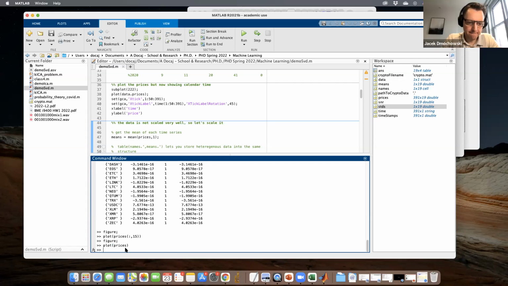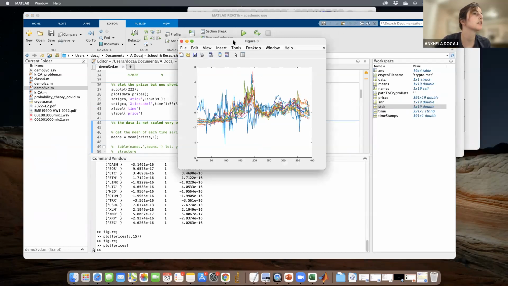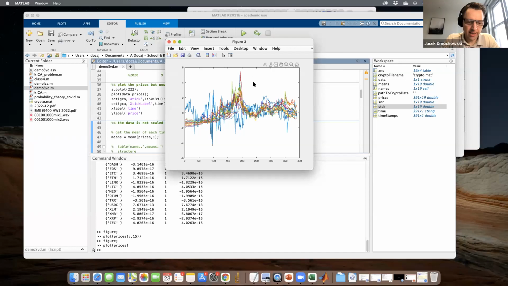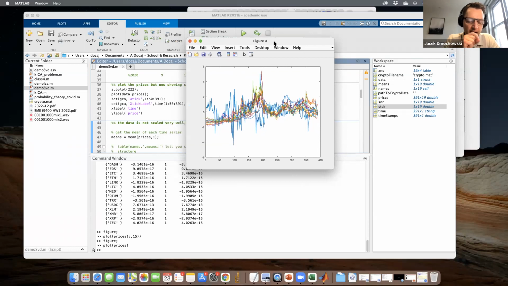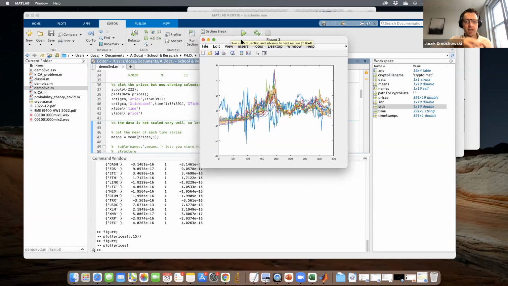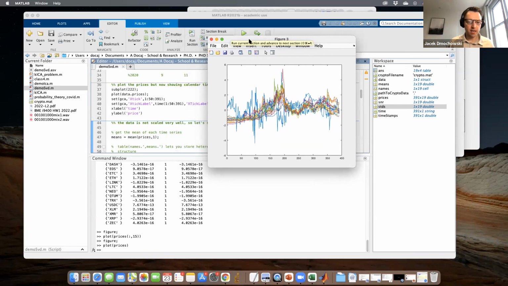Yeah. That looks like it's already been normalized. You know what I think has happened? I have a feeling that you did the normalization and then you ran it again.